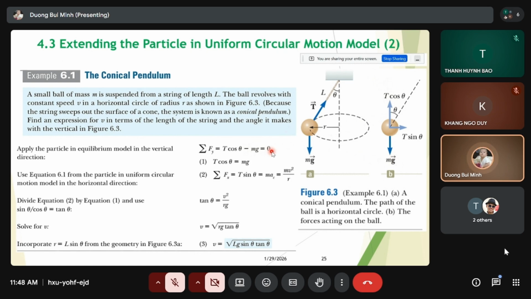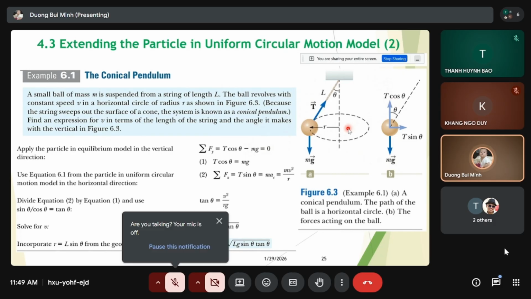So we only consider x. This one is the y direction, this one is the x direction. And ax is AC, right?